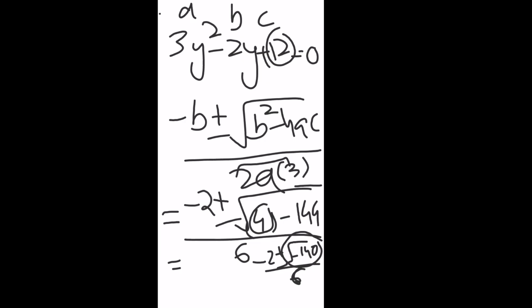Sometimes you can face this kind of question in your exam or in your class, and you can directly write, therefore, we don't have a real solution for this quadratic equation. Let me repeat: we can't take the square root of a negative number.